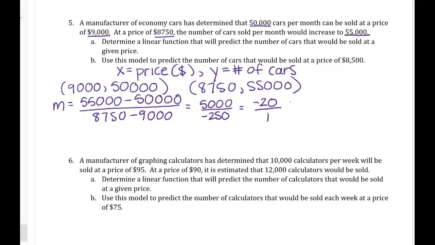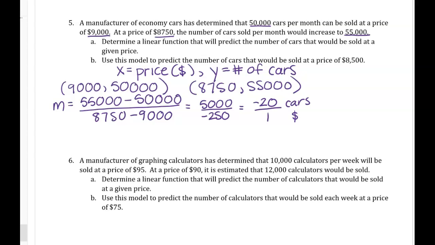Our y was the number of cars, and our x was dollars, the price. So basically, you sell 20 fewer cars every time there's a $1 increase in the price. Kind of interesting. You can graph it if you want to see after we come up with the equation.